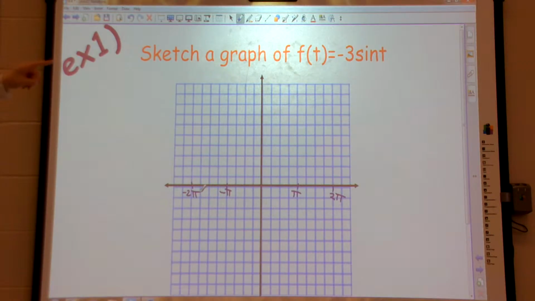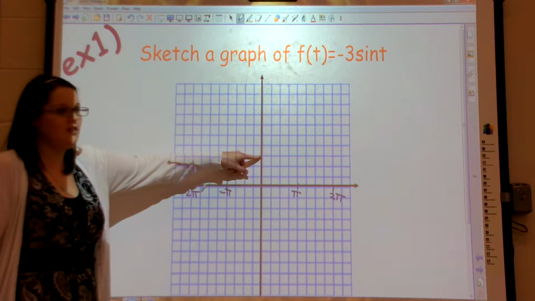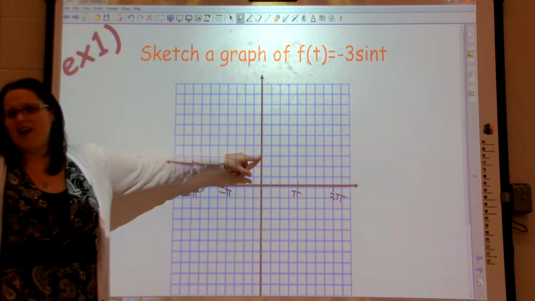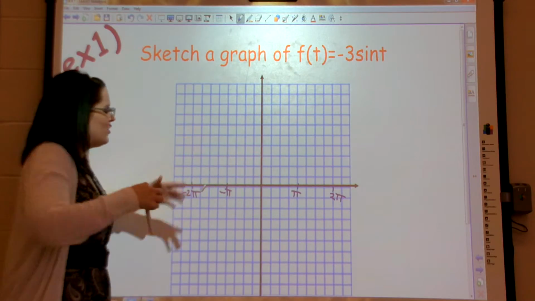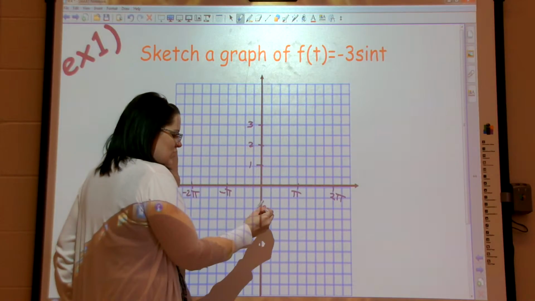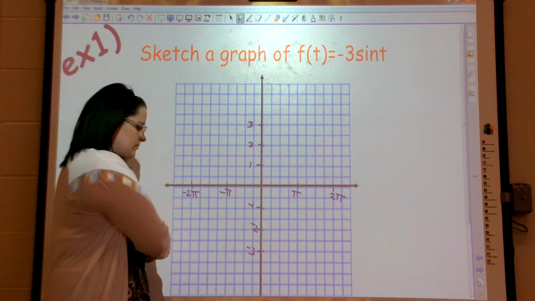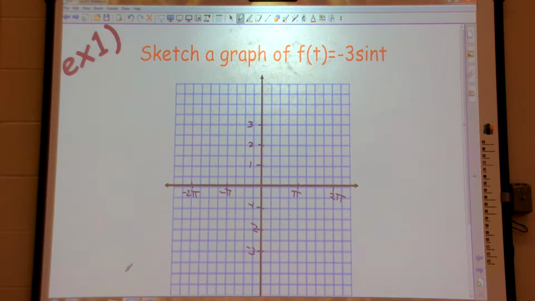Do not go up to 4. So I have to go to 3 at the highest, correct? So am I going to make this 1, 2, 3? No, that's a little bitty graph. So I'm going to make it every 2 squares. 1, 2. And we have a nice good sized graph that I can see what's going on. I don't want these little dinky tiny graphs.